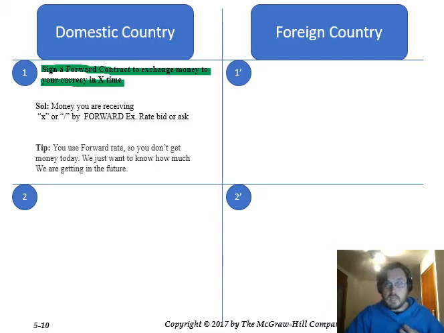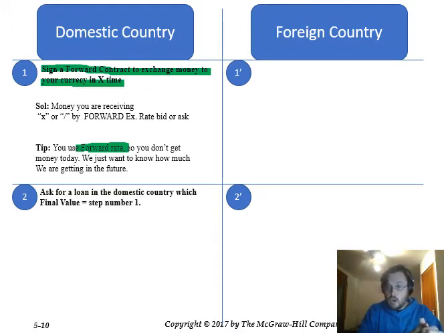To do that, it's the money that you are receiving times or divided by the forward exchange rate, bid or ask, depending. If you are multiplying, it will be bid. If you are dividing, it will be ask. But it is the forward rate. Why? Because you don't get the money today, you get the money in the future. That's why we are using the forward rate.